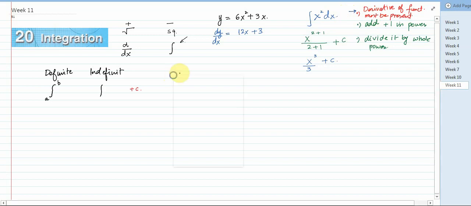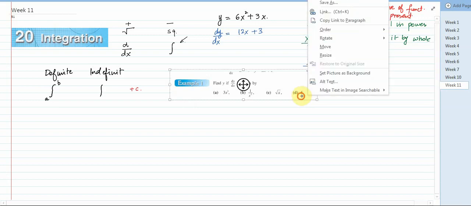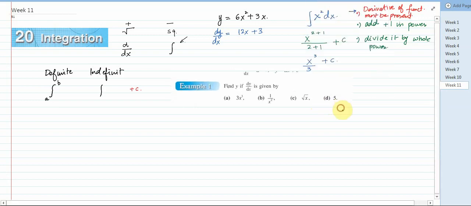So firstly, we need to apply the concept of integration, that how we integrate any function, we need to add 1 in the power and then divide it by whole power. So that is an example from your book, find y if dy by dx. Now for the first part, it says that dy over dx is given and this is equals to 3x cubed.